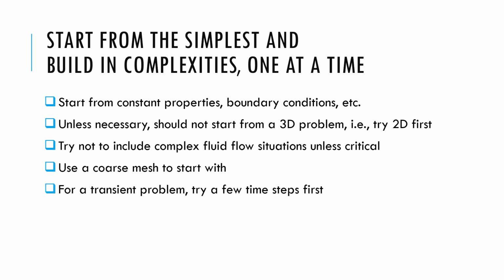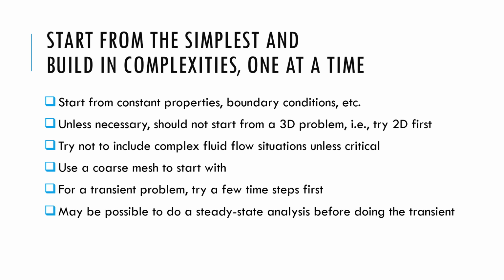And then for a transient problem, we don't try the entire time duration initially. We just try a few time steps. It may be possible to do a steady state analysis before doing the transient. These are just a few tips to start from the simplest and build in complexities.